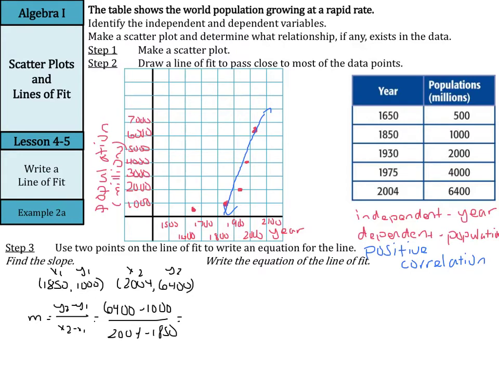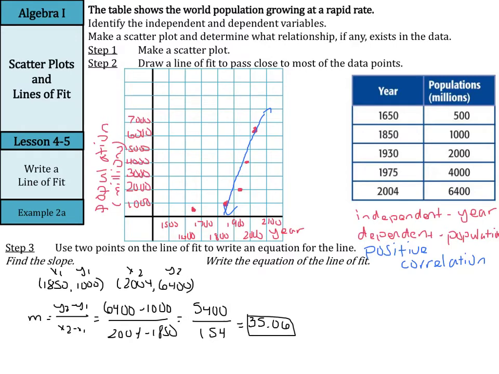And as we continue here, that's 5,400 over 154. And we can actually just divide these two numbers, 5,400 divided by 154, to get 35.06. So that can be our slope.